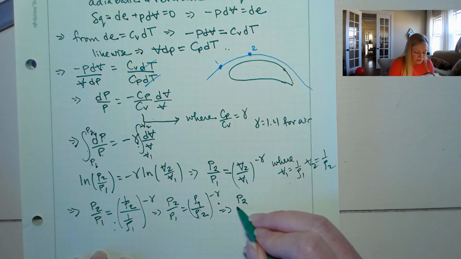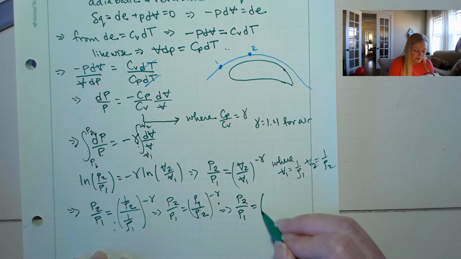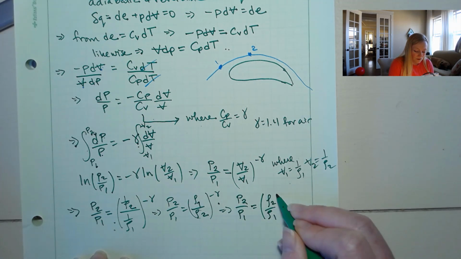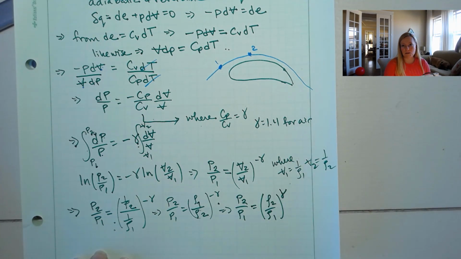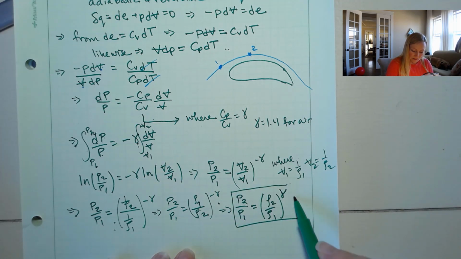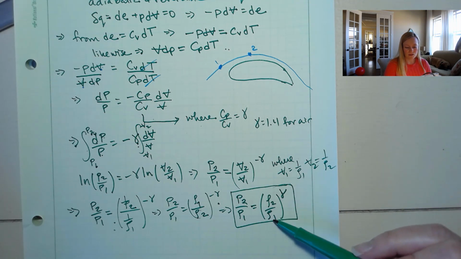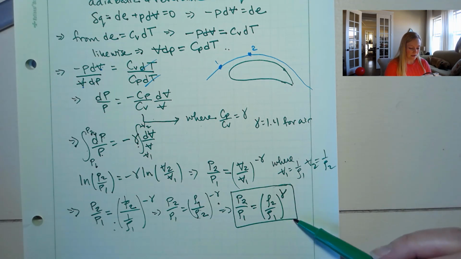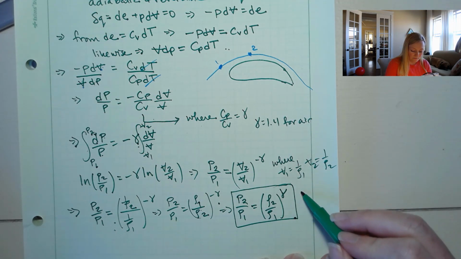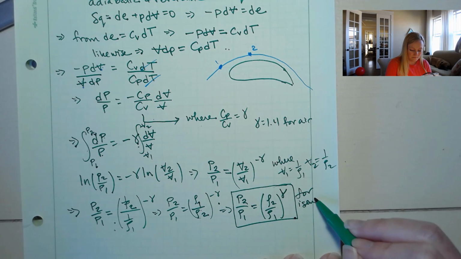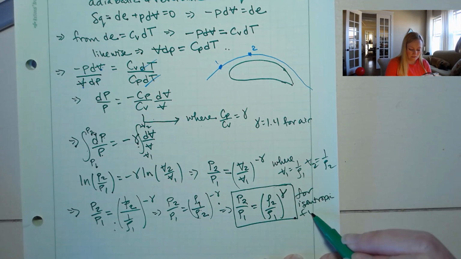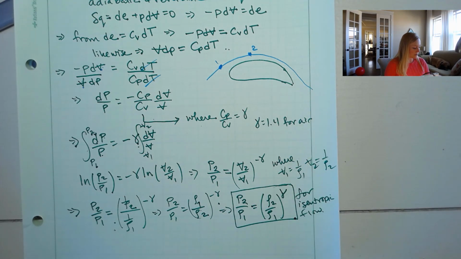P2 over P1 equals rho 2 over rho 1 to the power of gamma. This is the function that you'll normally see that relates the pressure to your density terms. So definitely pay attention to this one. This one's only for isentropic flow, so make sure you make a note of that.